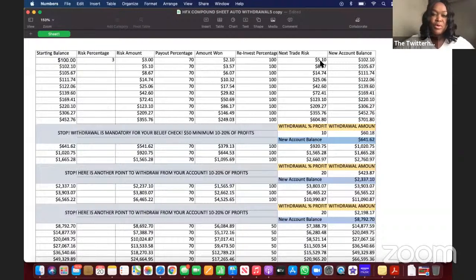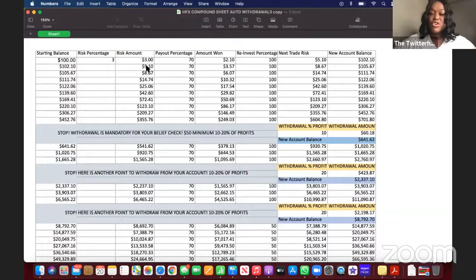Now, what happens after that? You're going to risk what you made, the entire winning amount from that trade, on your second trade. So you risk the $5.10. 70% of $5.10 is $3.57.